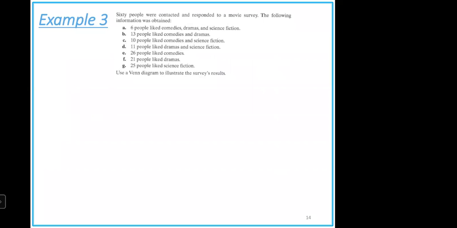So in this example, it says 60 people were contacted and responded to a movie survey. The first part says 6 people like comedies, dramas, and science fiction.